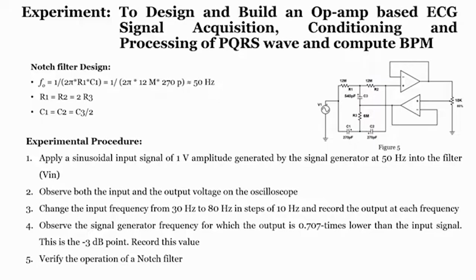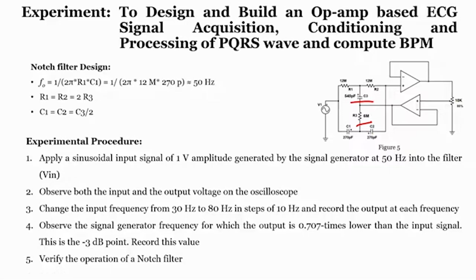We are using two resistors of 12 mega and 12 mega, capacitors C1 and C2 which are both 270 picofarad, and another resistor of 6 mega and a capacitor of 540 picofarad.